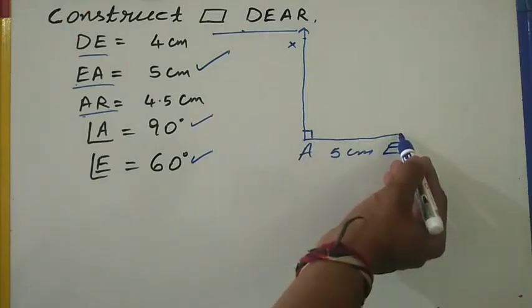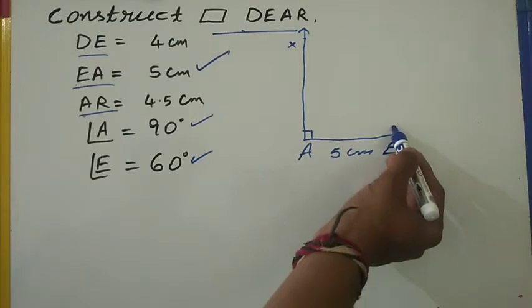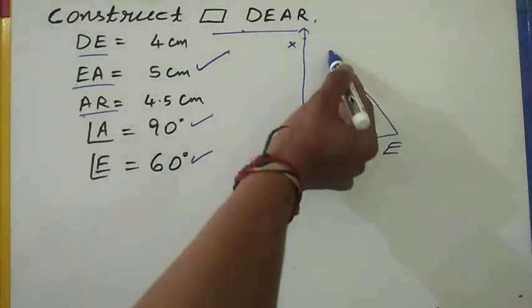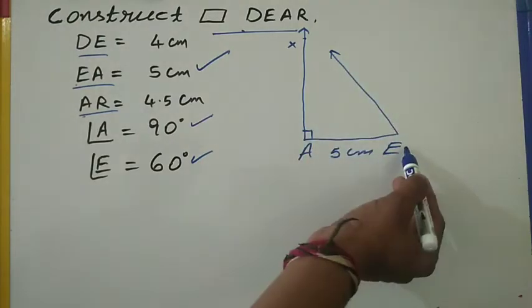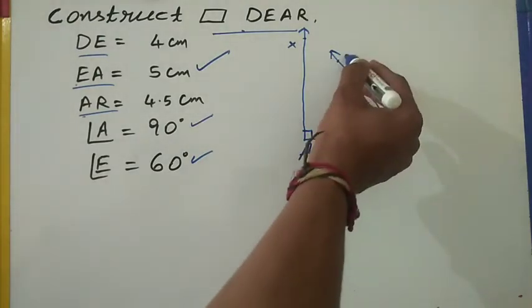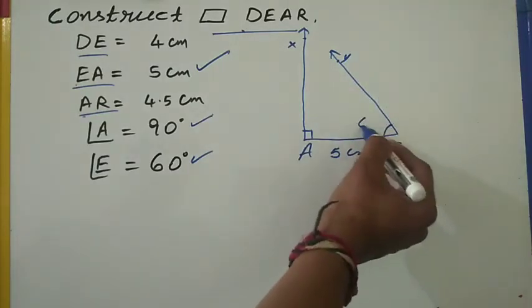Using a pair of compasses or a protractor I will construct another ray EY with an angle of 60 degrees.